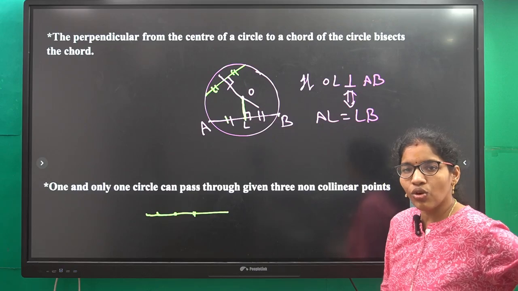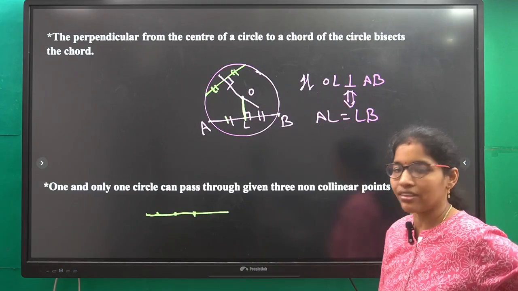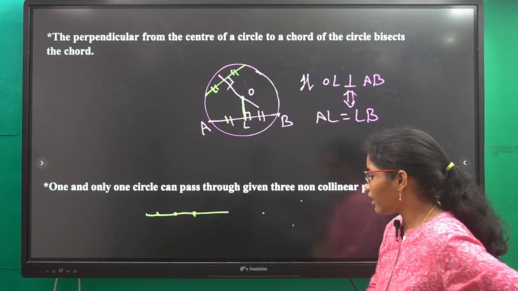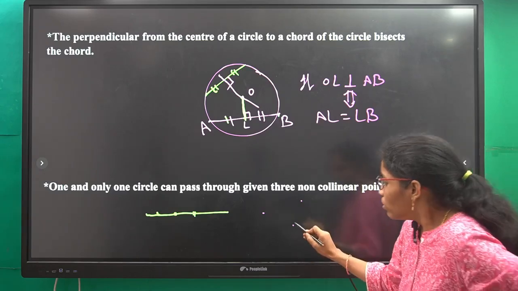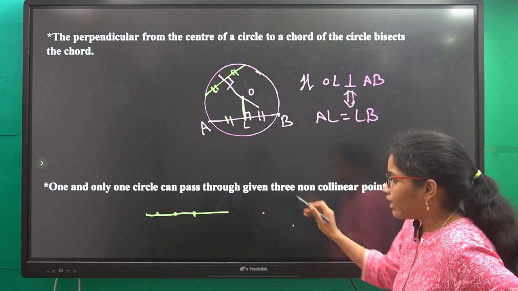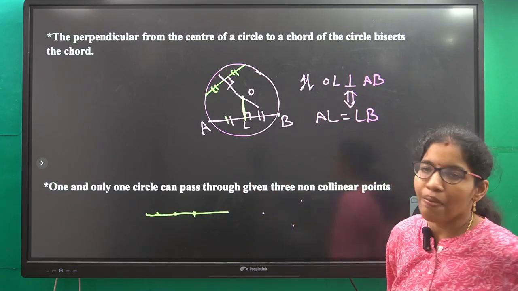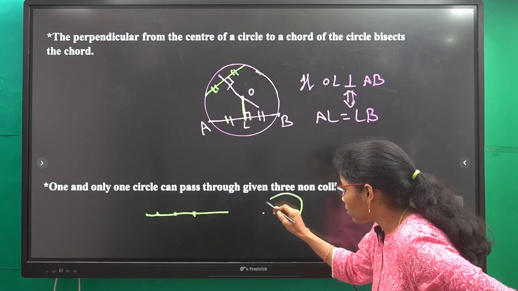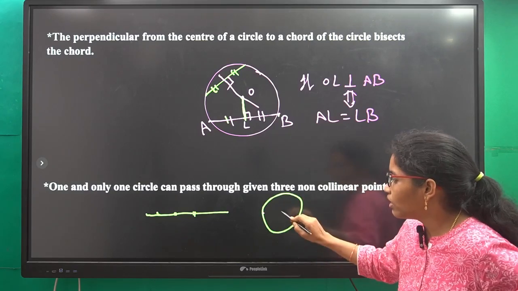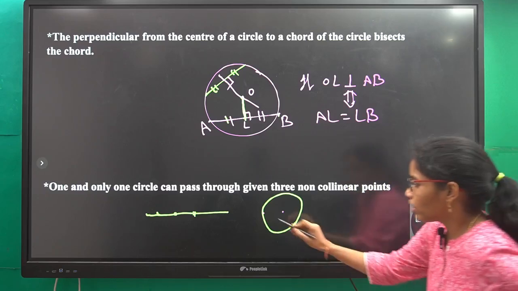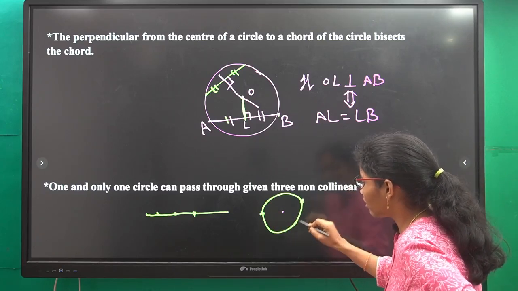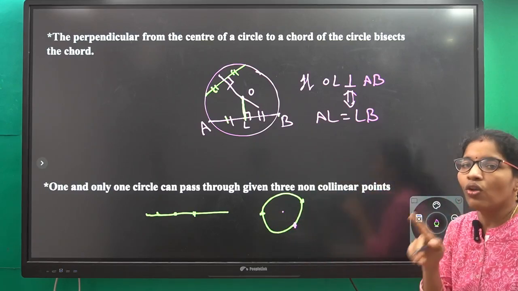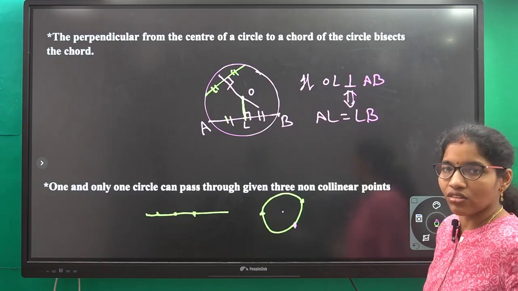Non-collinear means those points are not on the same line, right? So I am taking three points like this. With these three given points, one and only one circle can pass through the given three non-collinear points. Clear this one, right?